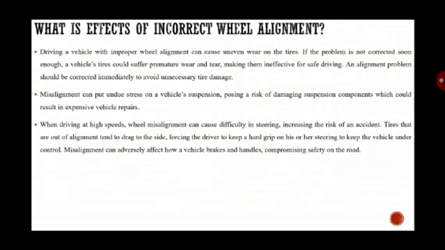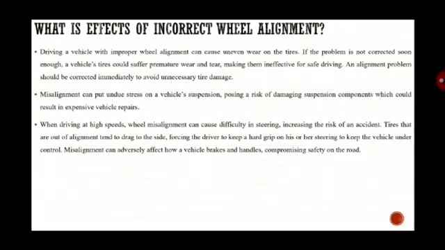Misalignment can put undue stress on a vehicle's suspension, posing a risk of damaging suspension components, which could result in expensive vehicle repairs. When driving at high speeds, wheel misalignment can cause difficulty in steering, increasing the risk of an accident.